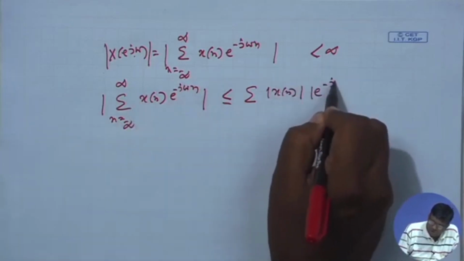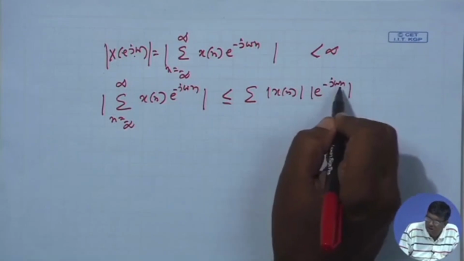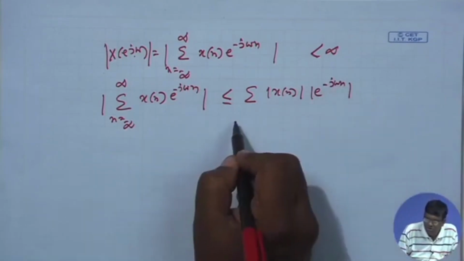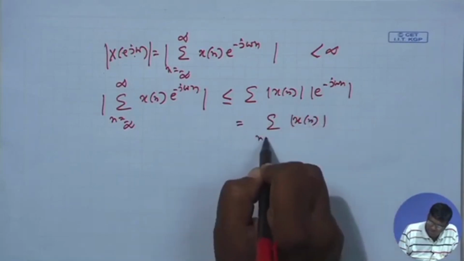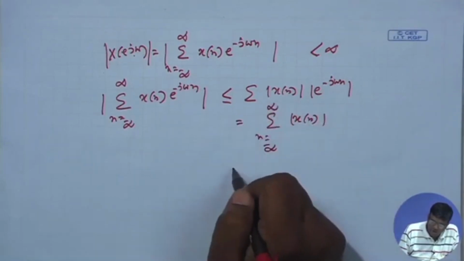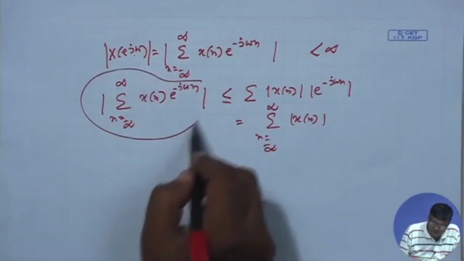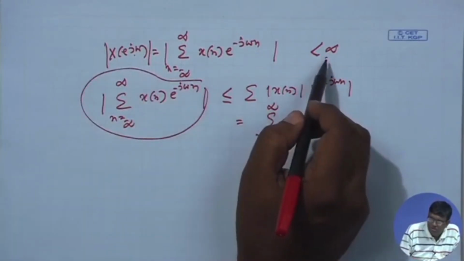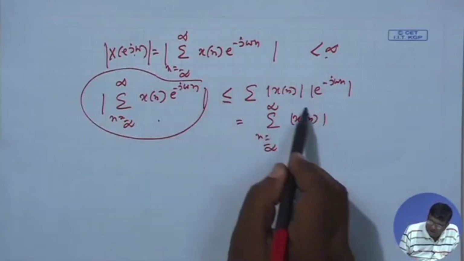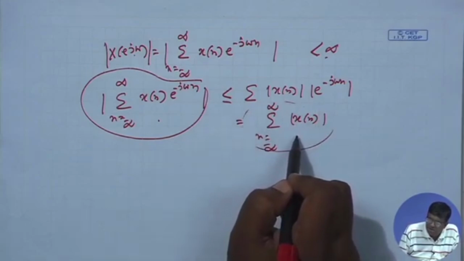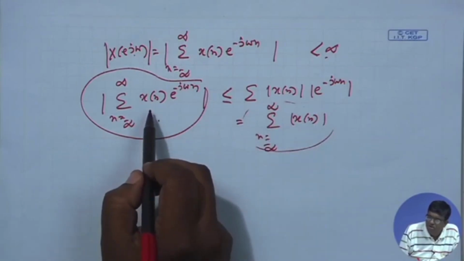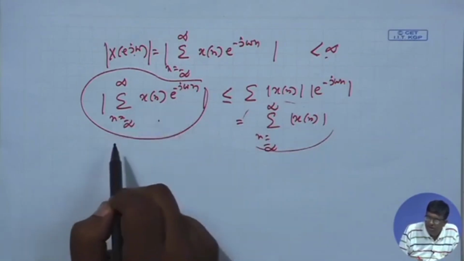And mod of e to the power minus j omega n has magnitude 1. Now I want this left hand side to be finite, but the left hand side is less than or equal to this. So if this is made finite, then obviously the left hand side will also be finite, and therefore the DTFT will exist.